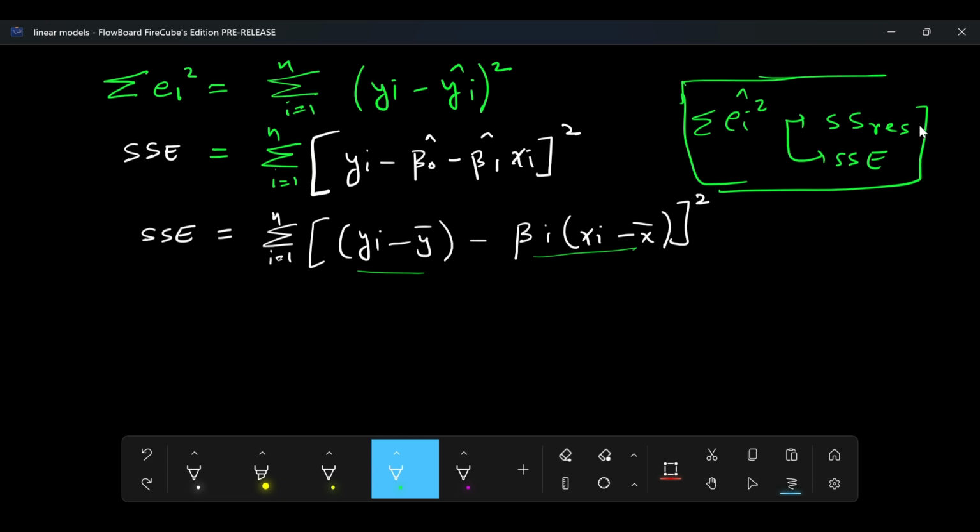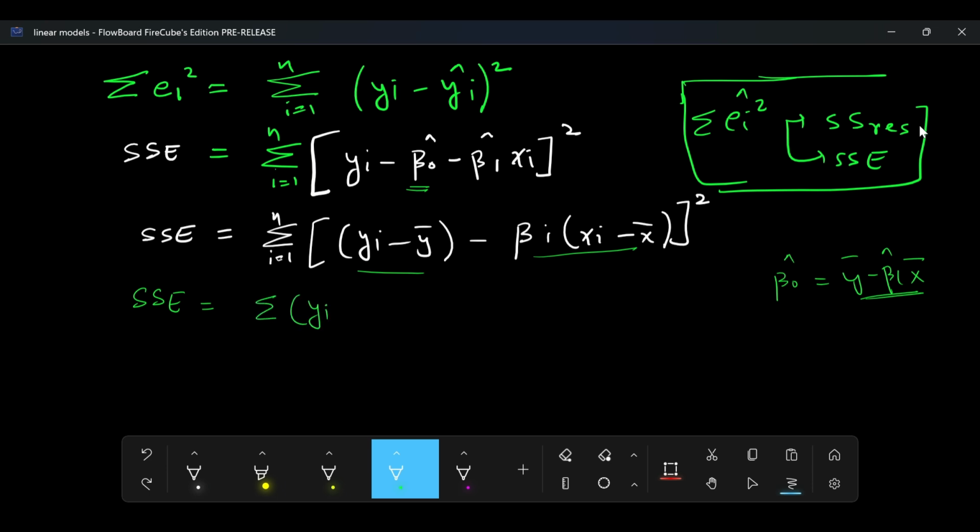As you know, beta naught hat is equal to y bar minus beta 1 hat x bar. So मैंने यहाँ पे जो बीटा नॉट है इसकी जगह मैंने ये रिप्लेस किया. Clear?